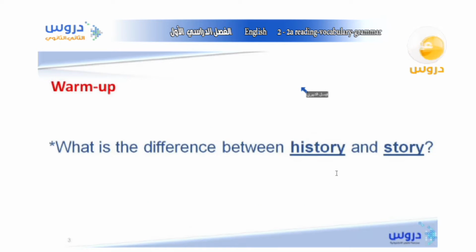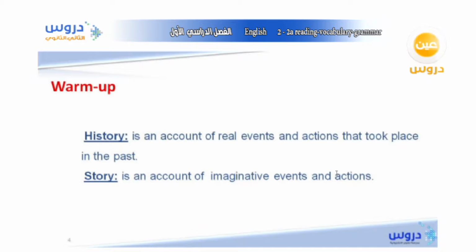Here we go with the next slide. What is the difference between history and story? Someone asks you, what do you know about history? Also about story. What is the difference between them? What do you think? Right, here are some definitions.